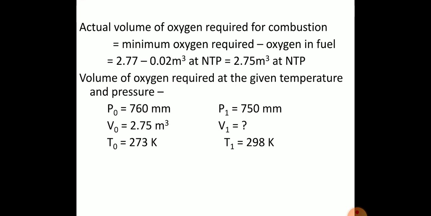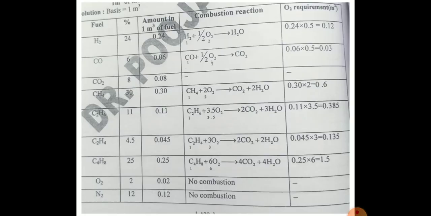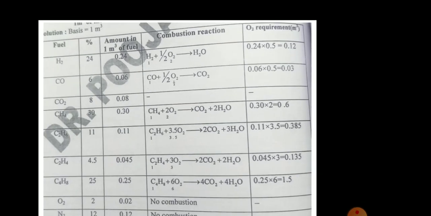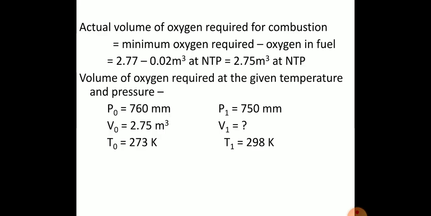The actual volume of oxygen requirement for combustion is calculated by using this formula: minimum oxygen required. The minimum oxygen required is found by getting the sum of the oxygen requirement of each and every component in the last column, and it comes to be 2.77 minus oxygen in fuel.